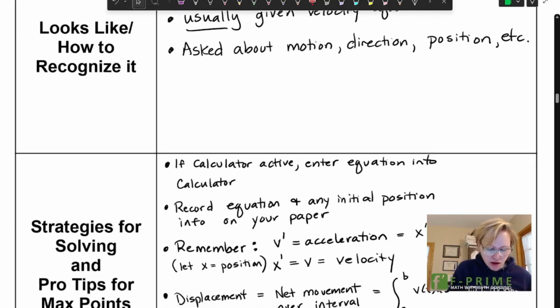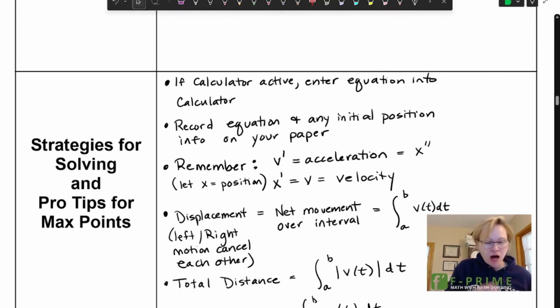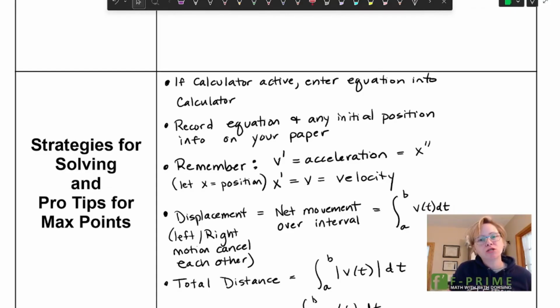My first step, if it's a calculator active question, is to make sure you type the equation in its entirety into the calculator. Whether you're using a TI-84 and go to Y1, take your time and type it in. In Desmos, don't forget to type it in as V of t equals, or whatever the equation is.